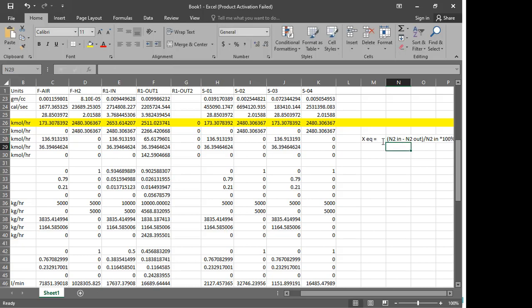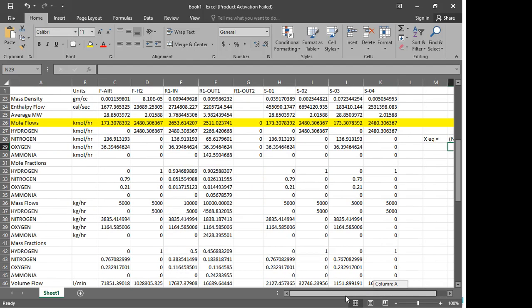I think I don't have to explain it again. You must already know how to calculate this one. In this one I can also freeze.